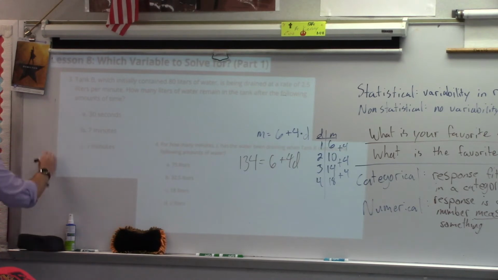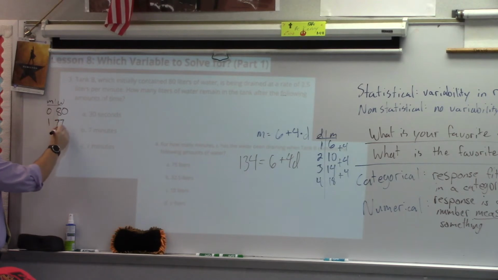2.5, right? So at minute 0, and I'll say W for water, how many liters were there? 80, right? Okay, and from that 80, at minute 1, how many were there? What is happening to the 80 liters of water?